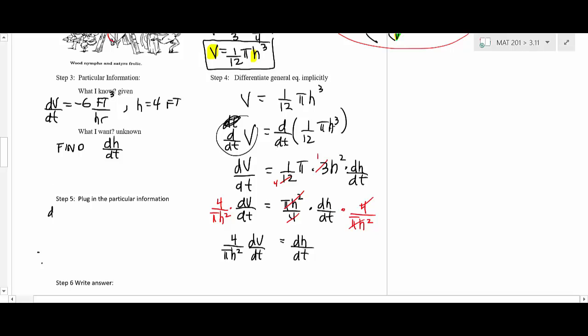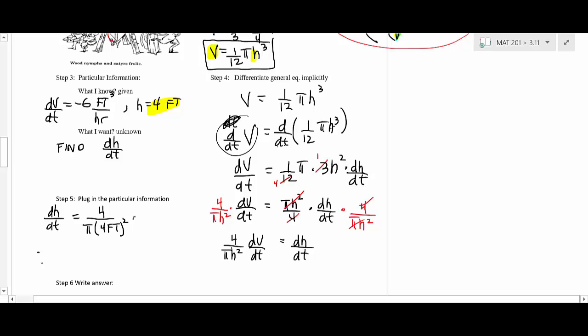So when we do dh over dt now, what we have is 4 over pi h squared. You know what h is. H is 4 feet. Now I'm going to put the units in. If you guys get into physics and start taking physics classes, it's real important to understand how units work. So I'm going to put in 4 feet and square it because I want to show you how the units work out.